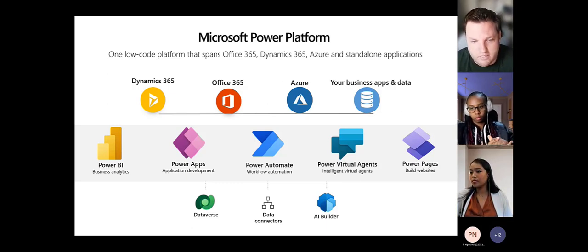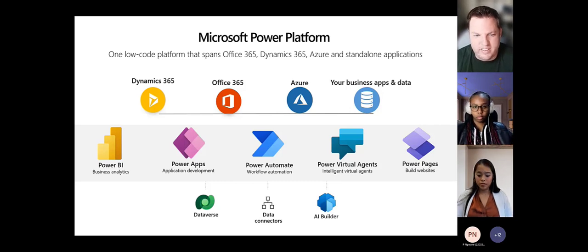And next to that, you also have the desktop flows. And desktop flows are like RPA, robotic process automation. And that's more of the local automation that you can do on your machine. So, for instance, if you want to automate an application that you have installed on your machine, you can use the desktop flows for that.